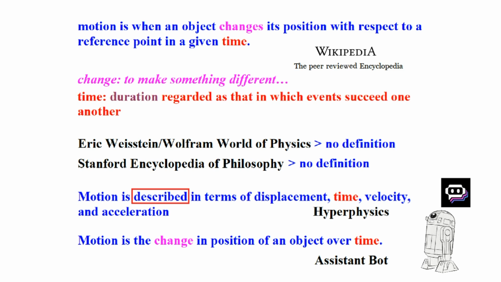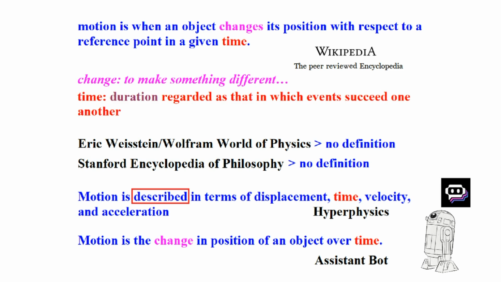And HyperPhysics, one prominent site of physics, right? They also go into different types of motion, and they just say motion is described in terms of displacement, time, velocity, and acceleration. So they already have things in motion to define motion. Okay? Displacement is motion, time is motion, velocity is motion, acceleration is motion.